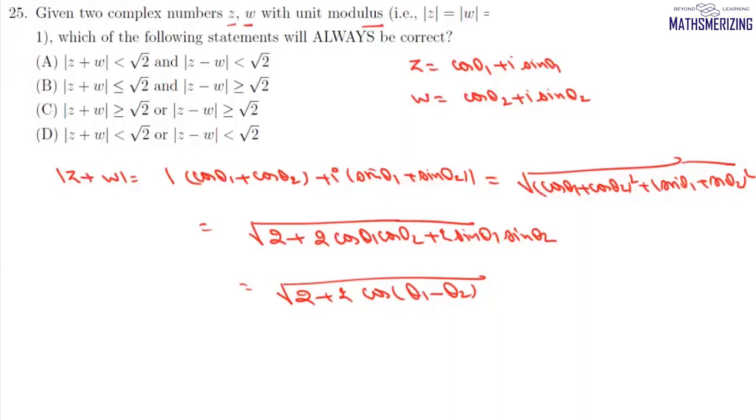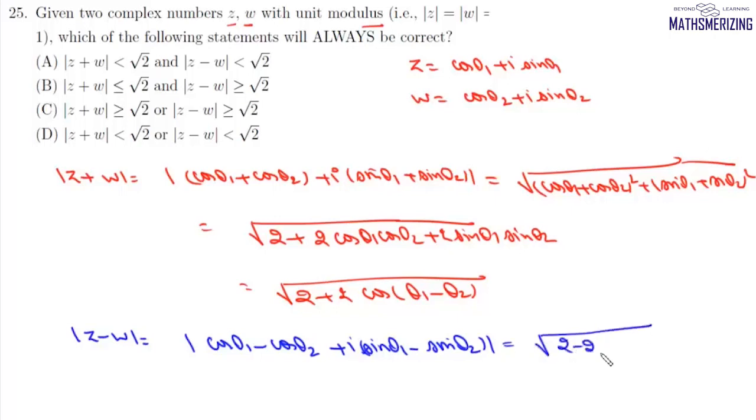In the same way, we can find mod of z minus w, and there will be cos theta 1 minus cos theta 2 plus iota times sin theta 1 minus sin theta 2, and it will be under root of 2 minus 2 cos of theta 1 minus theta 2.